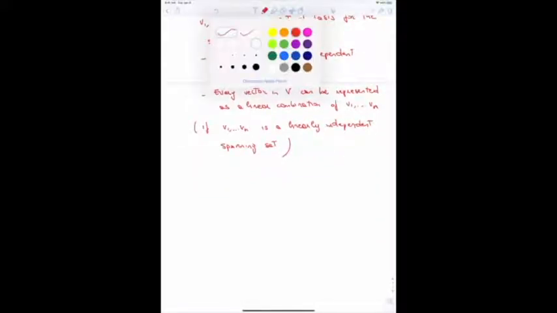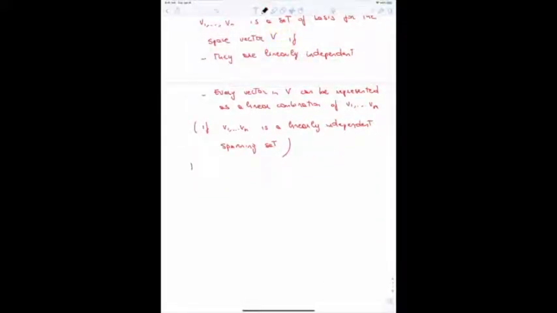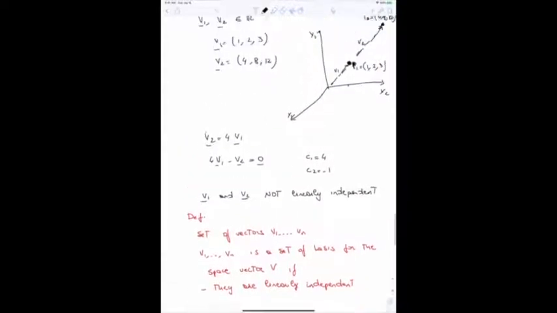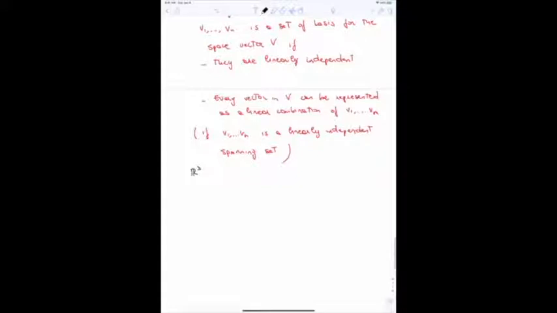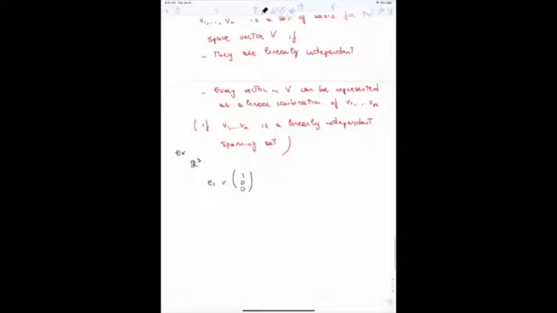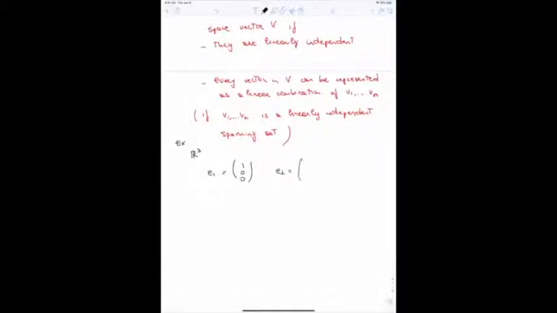So again, we're going to look at an example. In R3, which is the same example with the same dimension that we have seen here, a basis is given by e1 equal to (1, 0, 0), e2 equal to (0, 1, 0), and e3, which is (0, 0, 1).